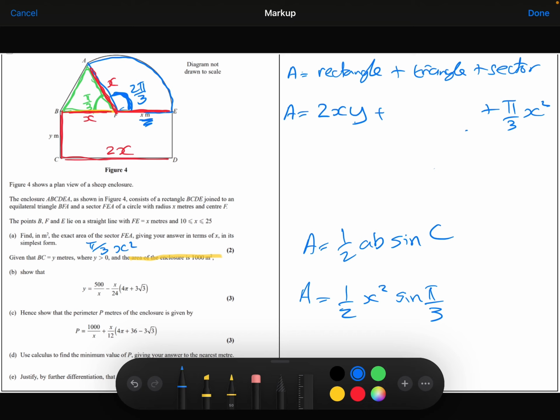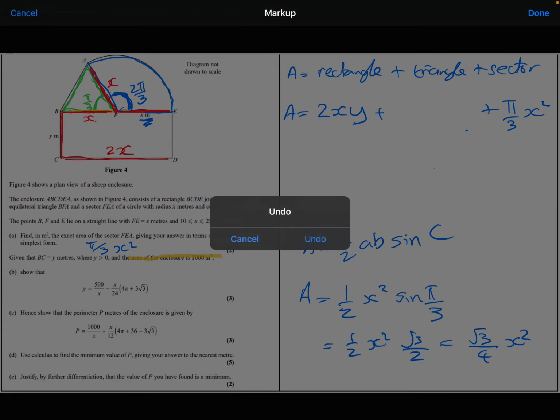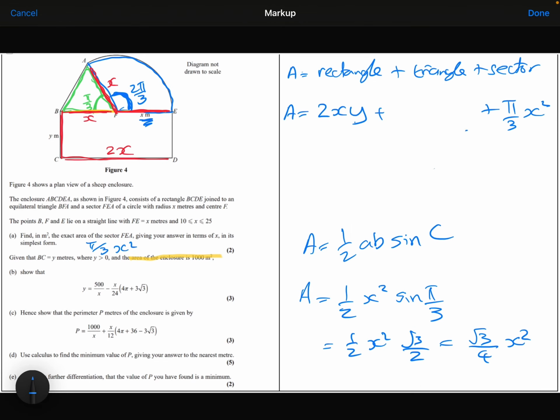So if we work that out, sine of pi over 3, if you put that in your calculator, or you might remember off the top of your head, we get root 3 over 2. So that simplifies to be root 3 over 4 x squared. So that's the area of my triangle.